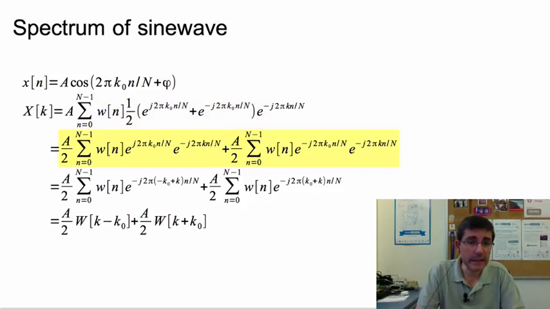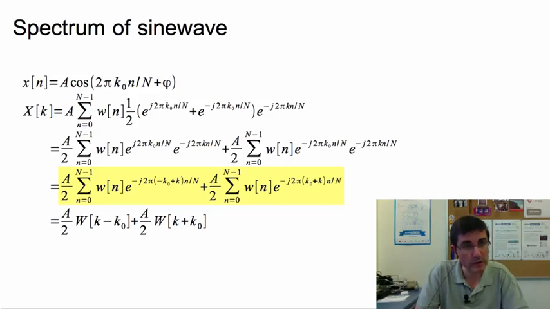So we'll have the DFT of the negative frequency and a DFT of the positive frequency, each one again multiplied by a window. And these complex exponentials can be grouped together. And basically, this is the DFT of a shifted version of the transform of the window.